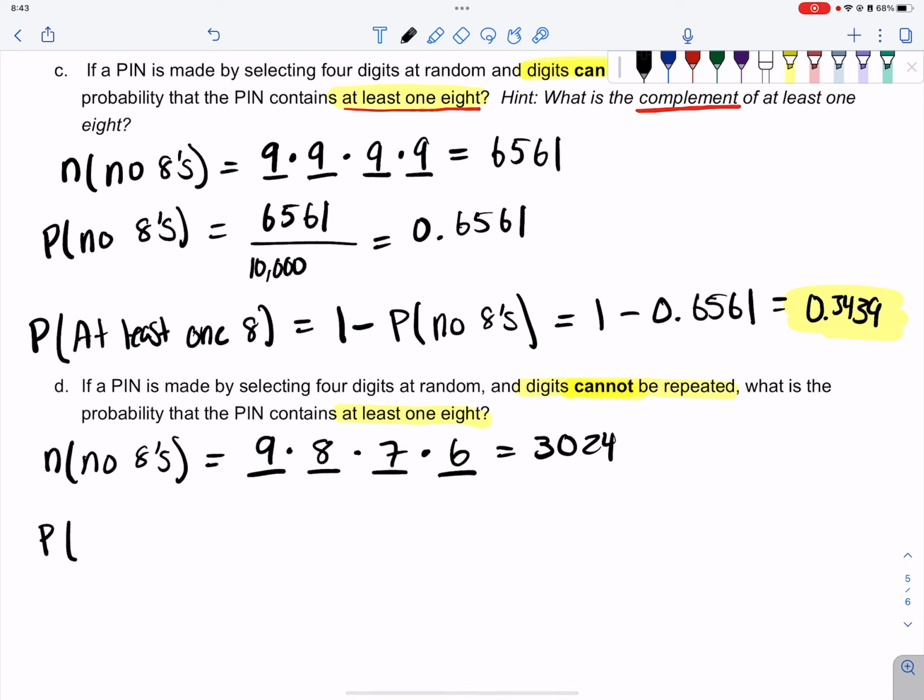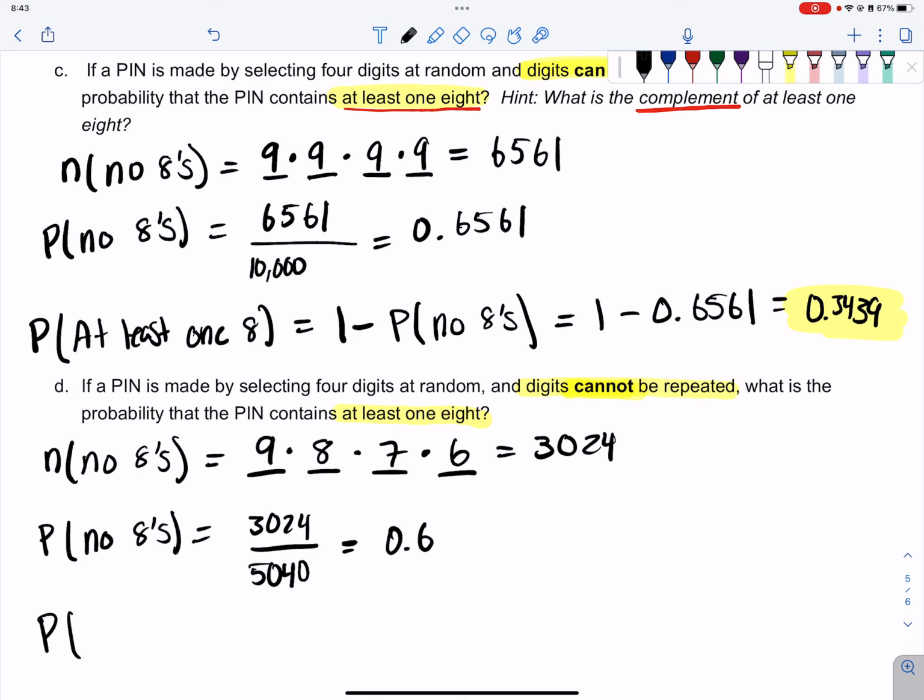So next, our probability of no 8s when we have no repetition. Well, we have 3,024 pins with no 8s out of the 5,040 pins when there is no repetition. So that then gives us 0.6 as that probability.